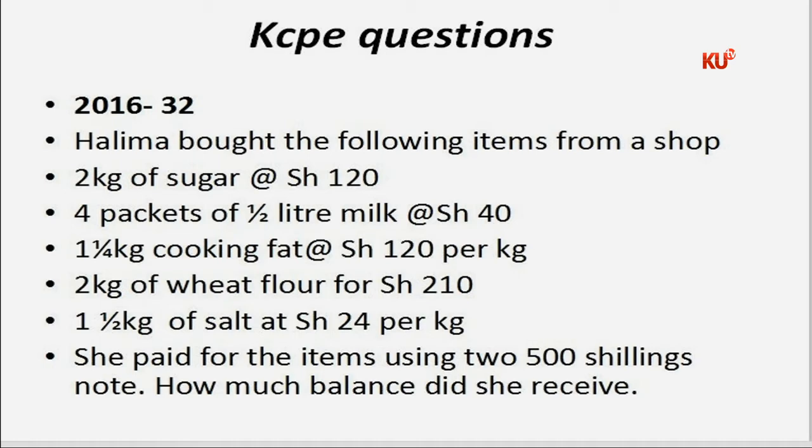And then we have 1¼ kgs cooking fat at 120 shillings per kg. 2 kgs of wheat flour for 210 shillings. 1½ kgs of salt at 24 shillings per kg. She paid for the items using 2 500 shillings notes. How much balance did she receive?